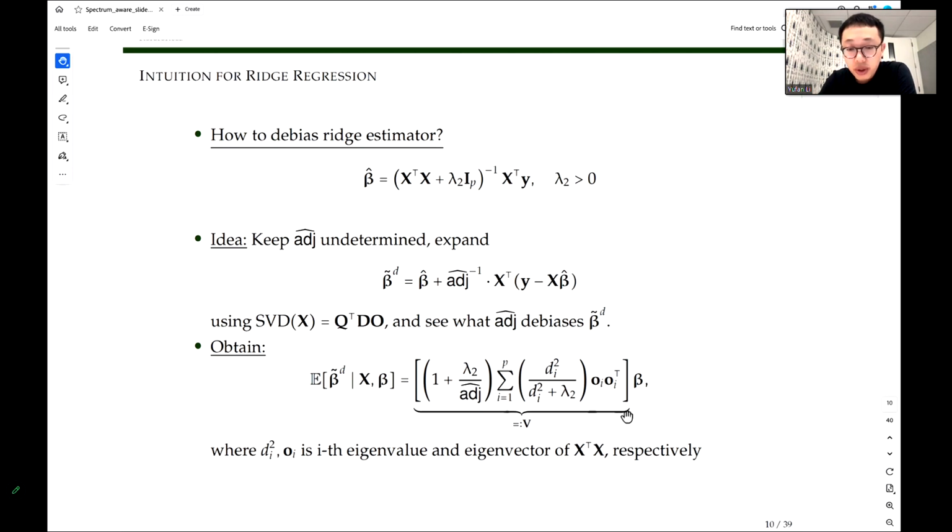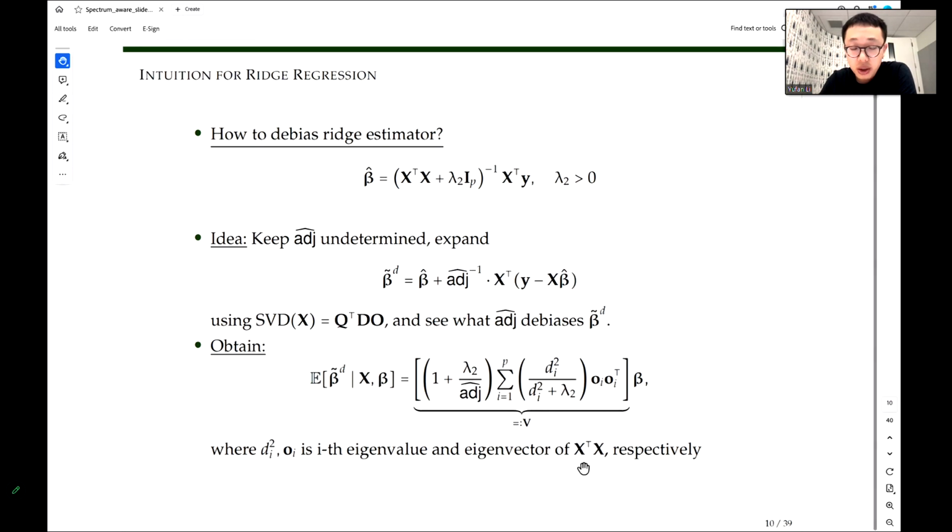So in order for this to be debiased, you basically need to make some assumptions on this matrix V, which involves this O_i transpose, and the O_i are just the eigenvectors of the sample covariance matrix. It's basically impossible if you allow O_i and the eigenvalue d_i to be anything.